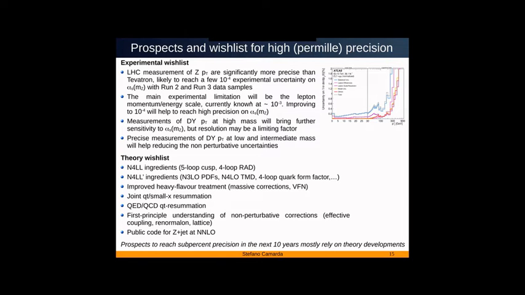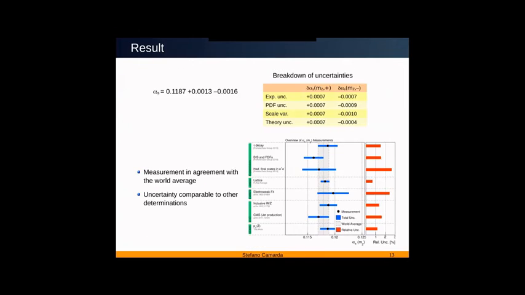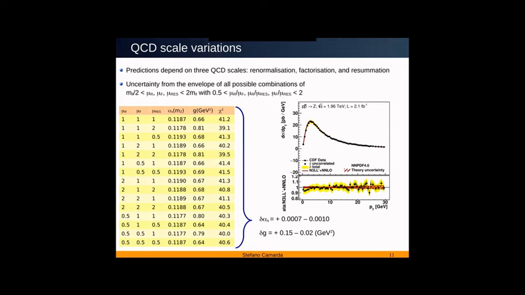Thanks for a very interesting talk. You were talking about scale dependence, and you added the scale for resummation to the usual factorization and renormalization scales. I didn't get in your talk where the resummation scale came into the calculations that you're making for this.